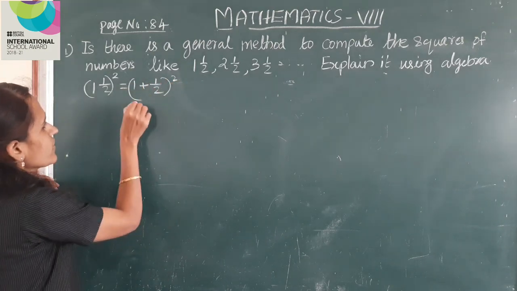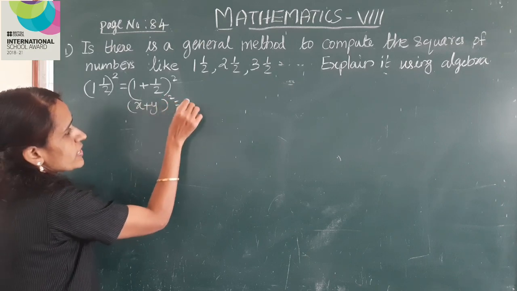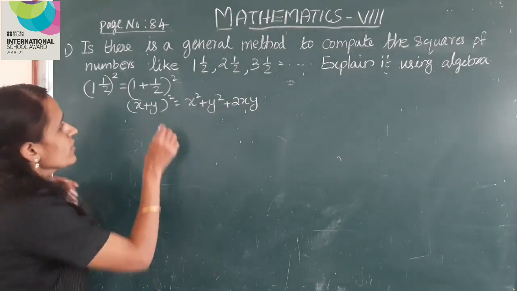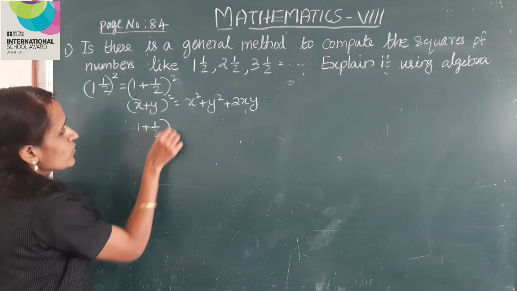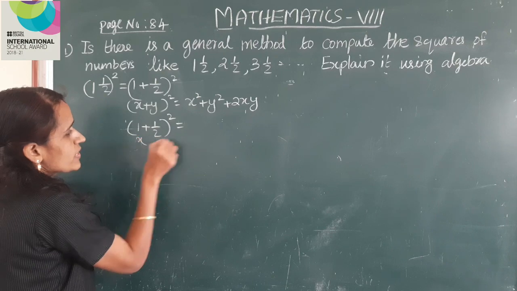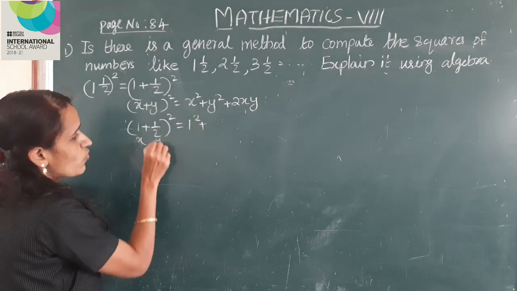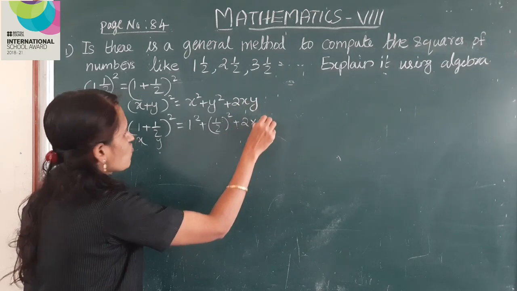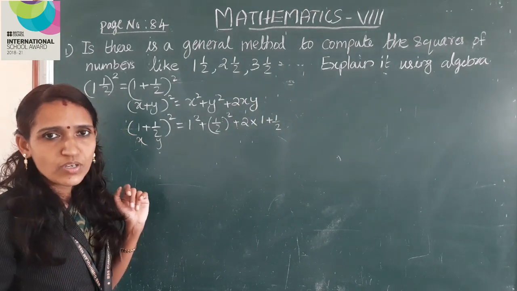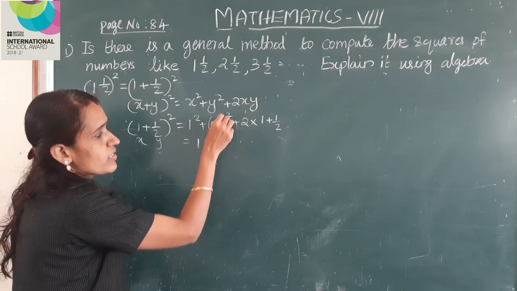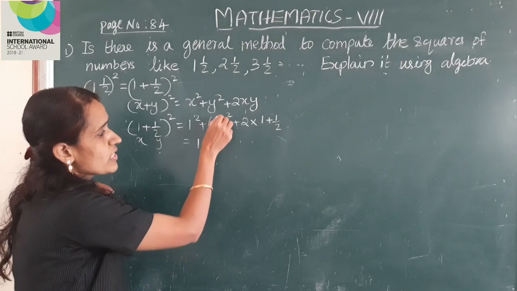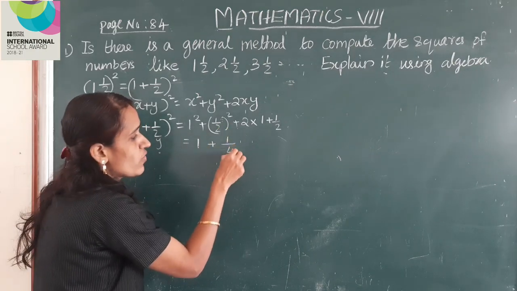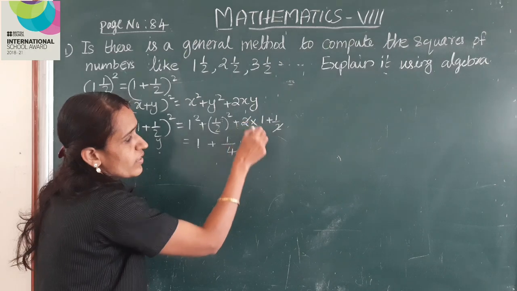Here using the identity x plus y whole square is equal to x square plus y square plus 2xy, 1 plus 1 by 2 whole square is equal to 1 square plus 1 by 2 whole square plus 2 into 1 into 1 by 2. 1 square is 1, plus 1 by 2 whole square is numerator square by denominator square, 1 by 4, plus 2 divided by 2 is 1.